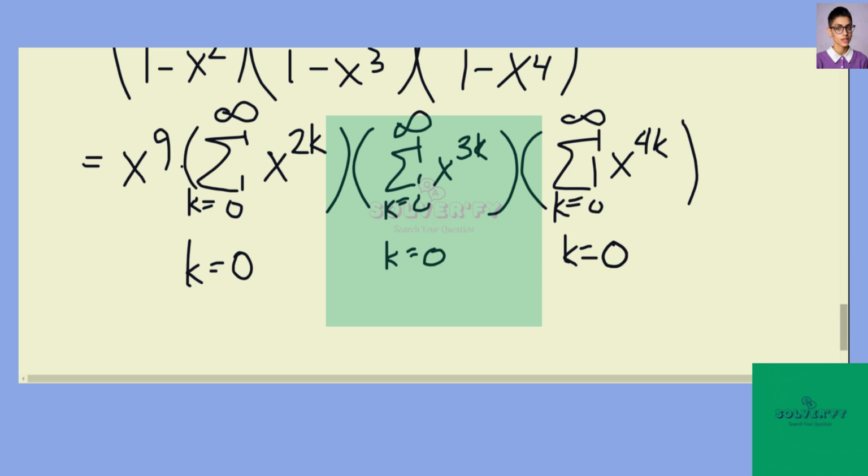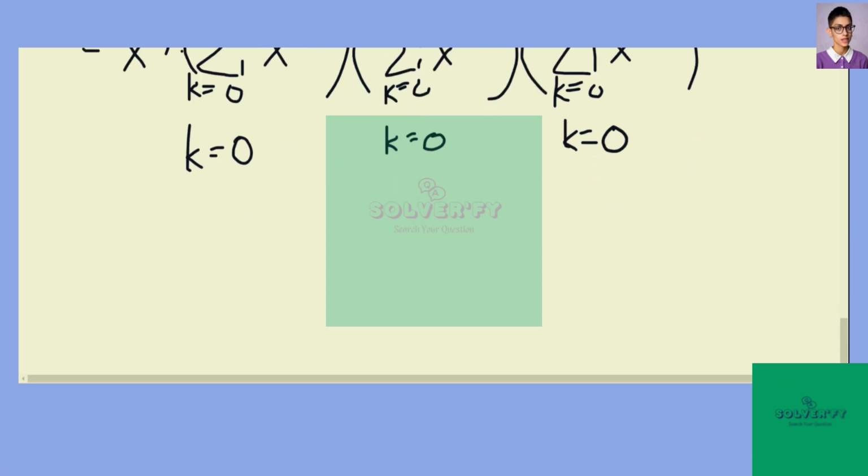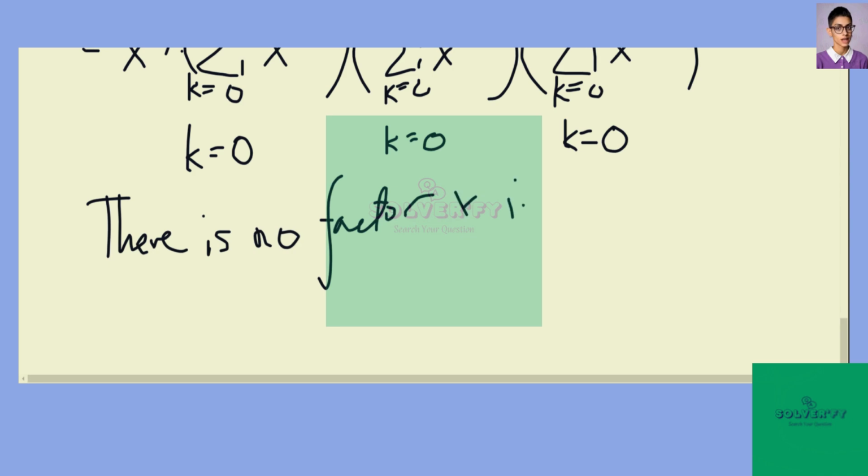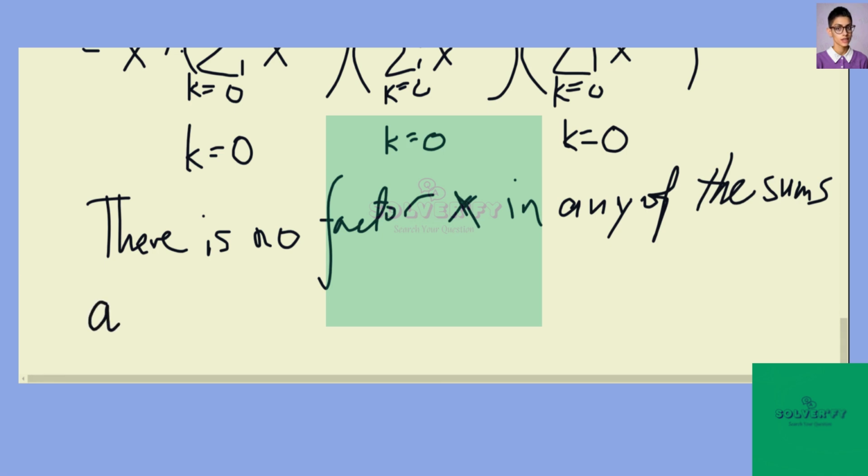But then this is simply the coefficient of x to the 9th, and not the coefficient of x to the 10th. And so it follows that there is no factor x in any of the sums, and therefore we can't have an x to the 10th, and so the coefficient for x to the 10th is simply 0.